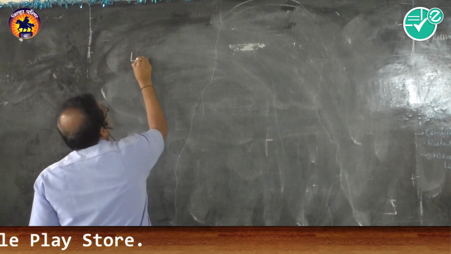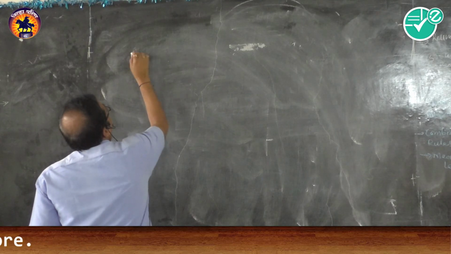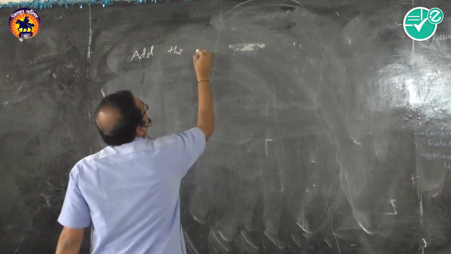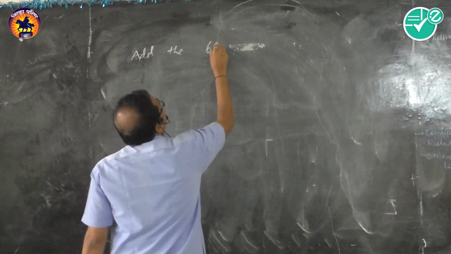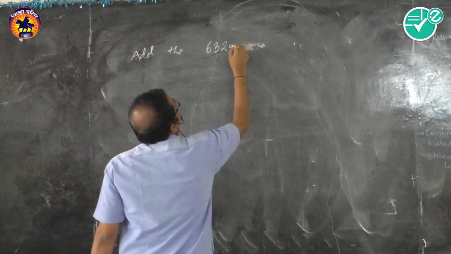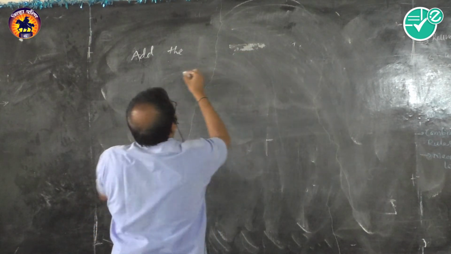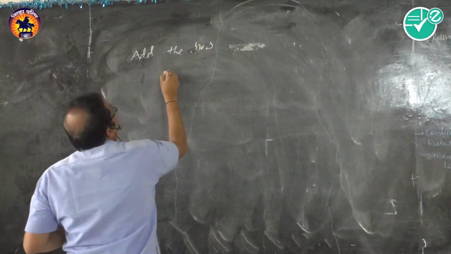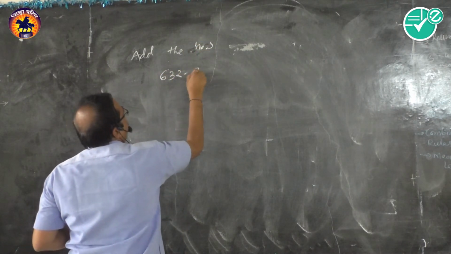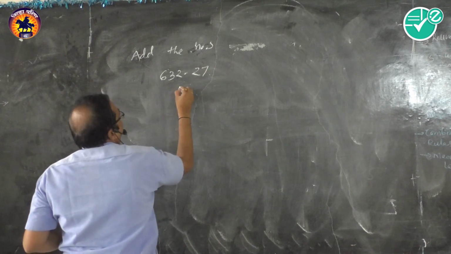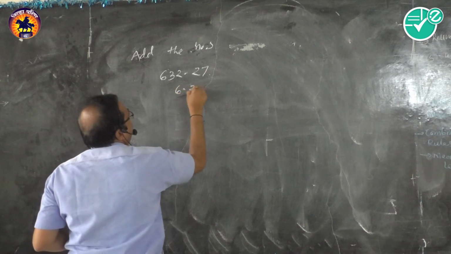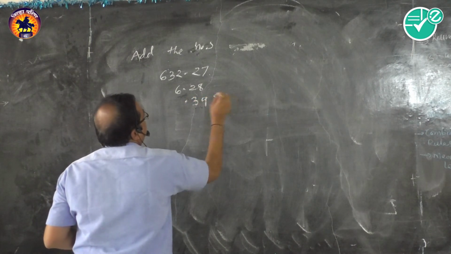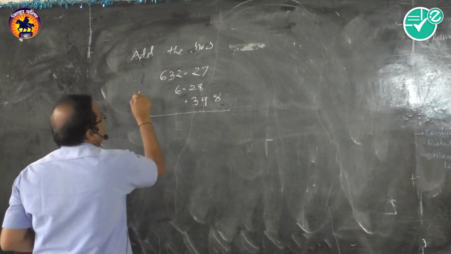We want to add the numbers 632.27, 6.2 and 0.398. So these numbers are to be added.